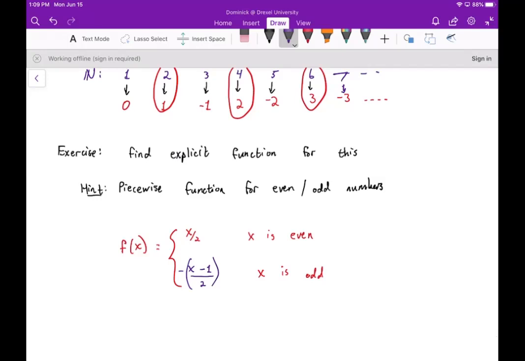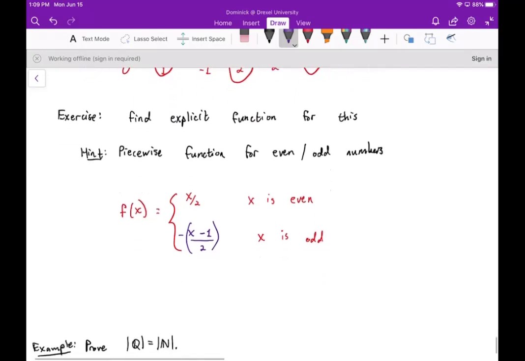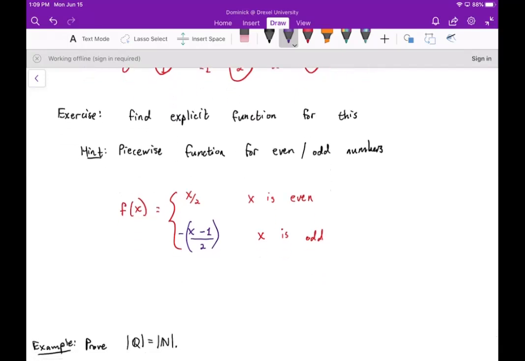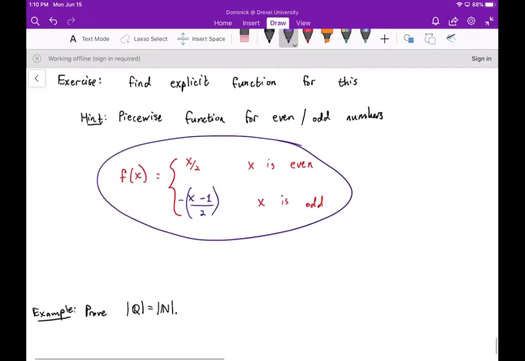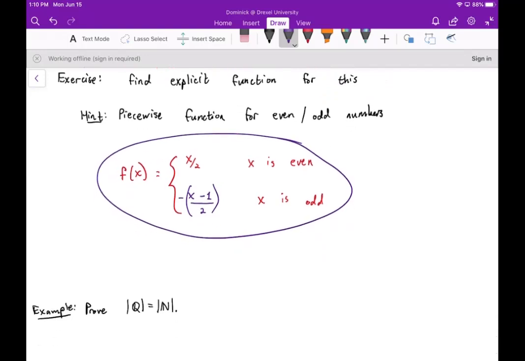And then if we do 7, we would get -3. So it looks like this would be the bijection that would work. And of course, this is something that would take a little bit of practice and a lot of trial and error to get used to, but eventually you could show that this is a bijection, or you find that this is the proper bijection.